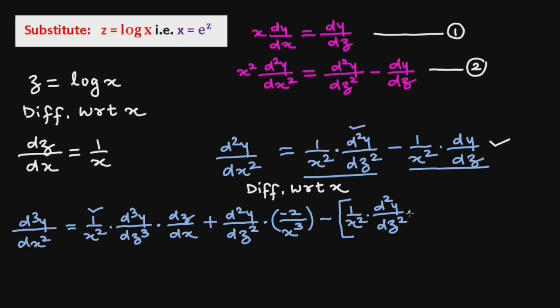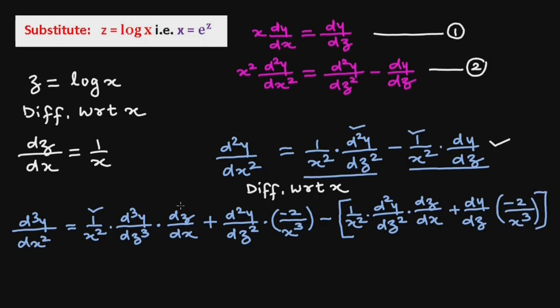But since it is with respect to x, we multiply here by dz by dx, plus second function dy by dz into derivative of first function 1 upon x square, it will be minus 2 upon x cube.